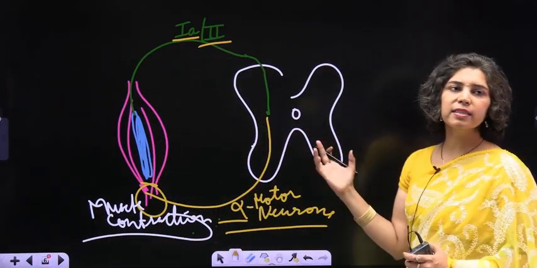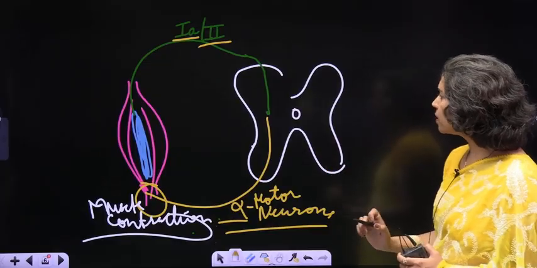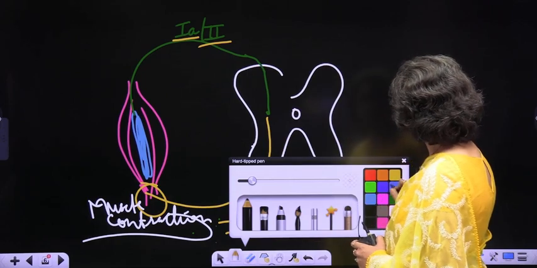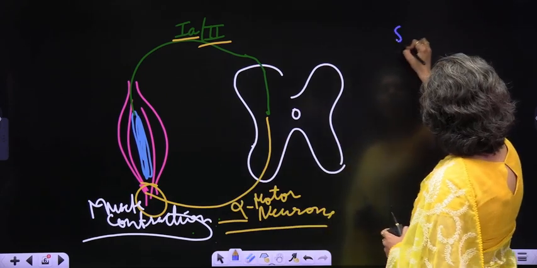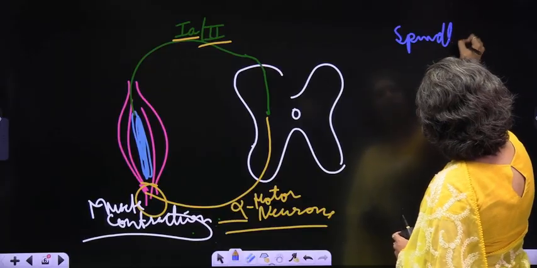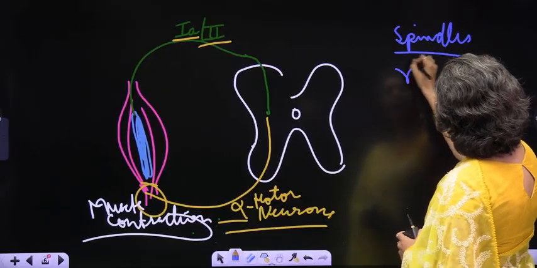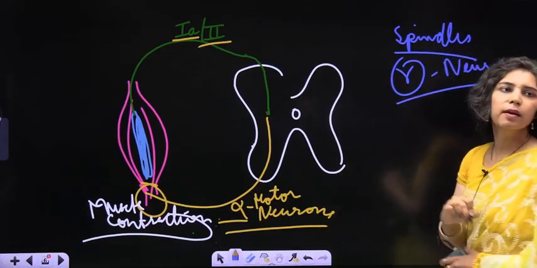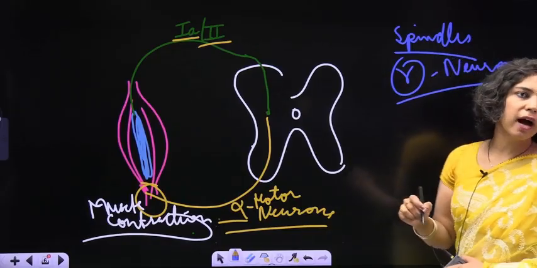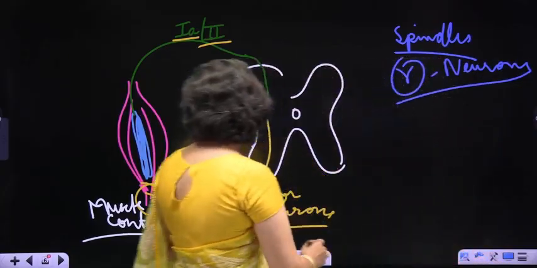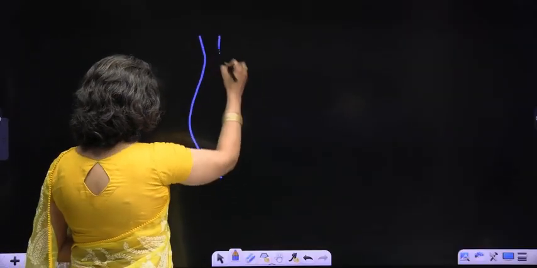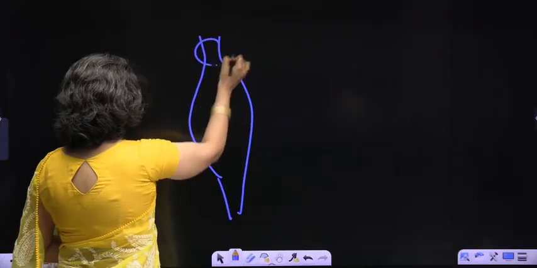Now we said one thing, that stretching of a muscle leads to contraction of the muscle. So where does this stretching of muscle come from? Stretching of muscle comes with the role of these muscle spindles. We had discussed previously that the gamma motor neurons bring the efferent nerve supply of these muscle spindles. Gamma neurons are at the polar ends.